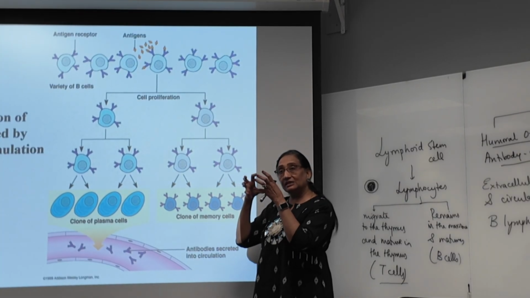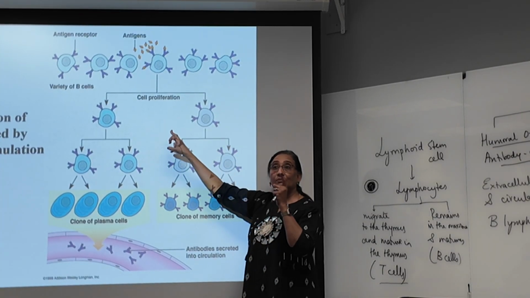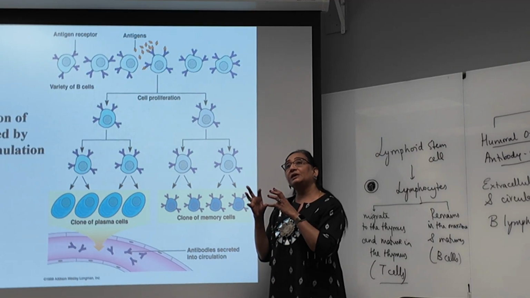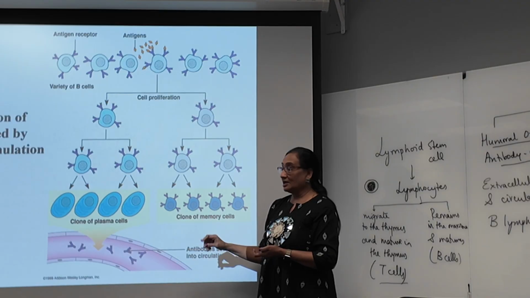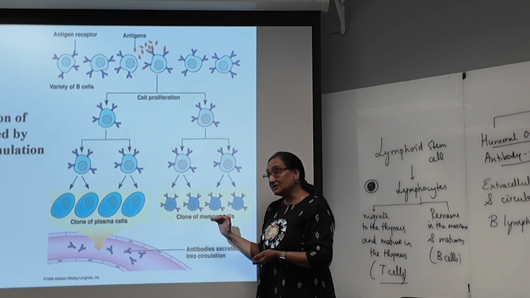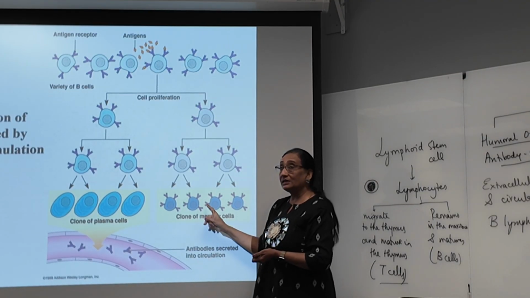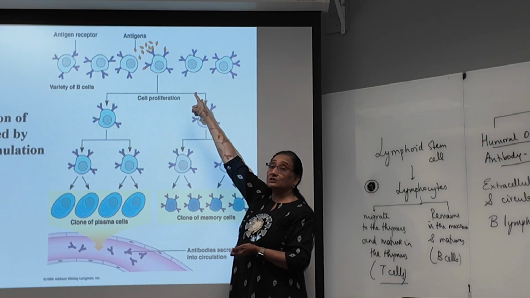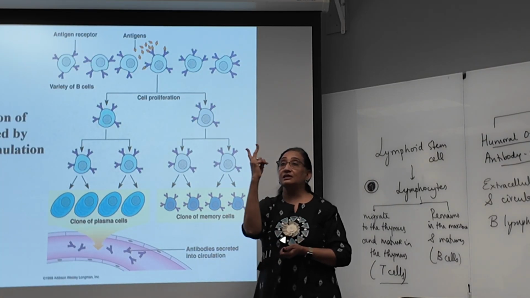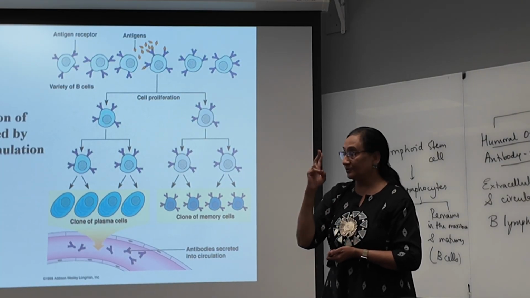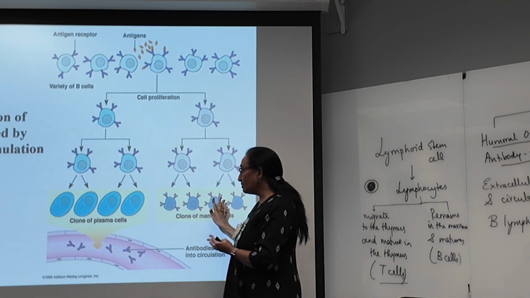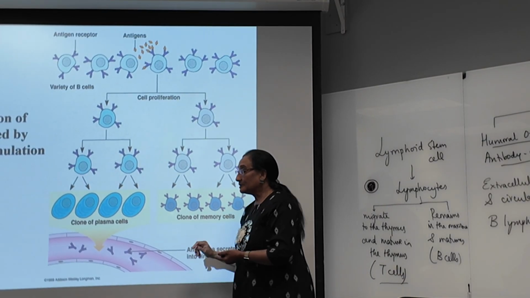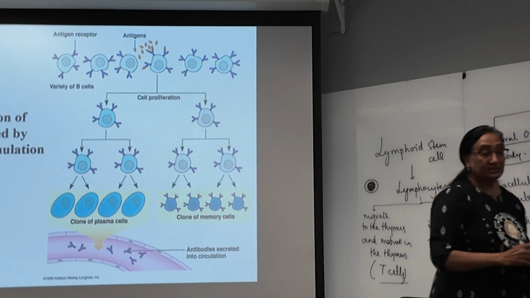Another small group of those same multiplied cells will become memory B cells. These memory B cells are going to help when the individual is exposed to the same antigen a second time. This is like a data bank which stores the memory. So this is humoral immunity.